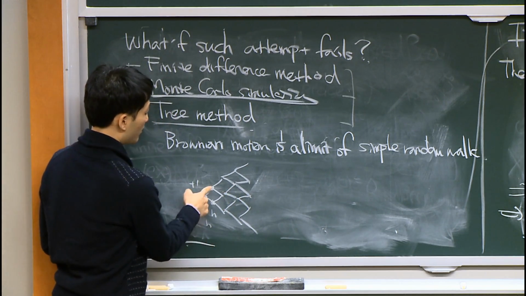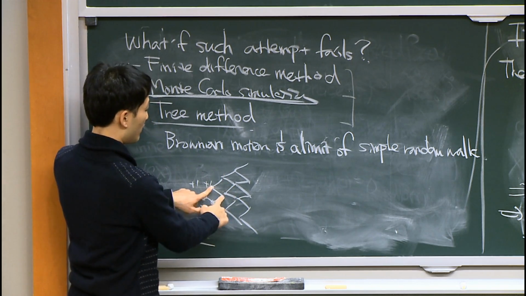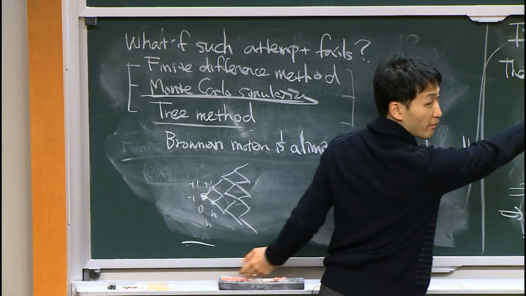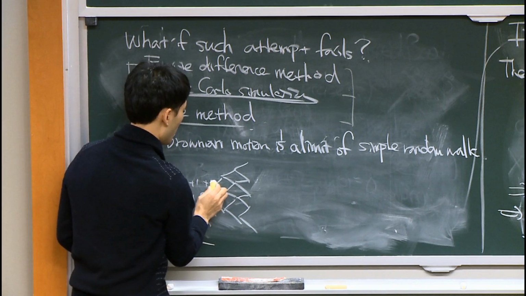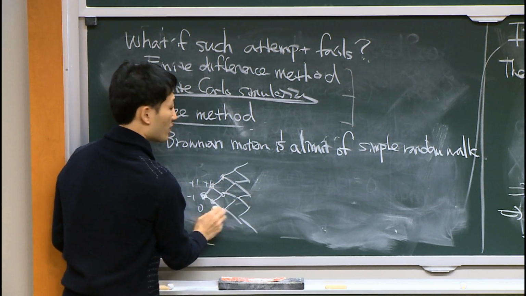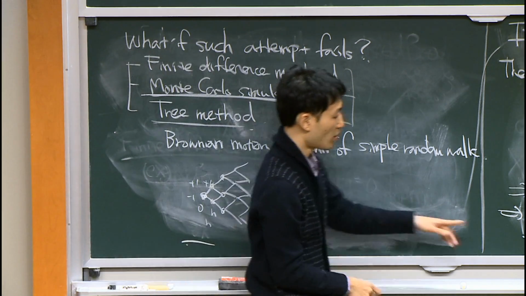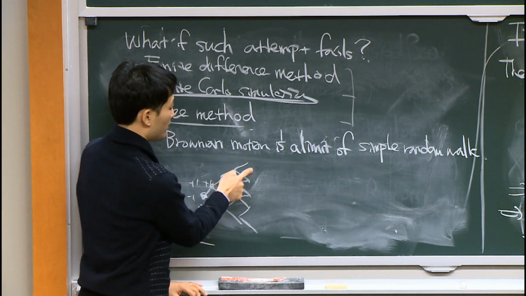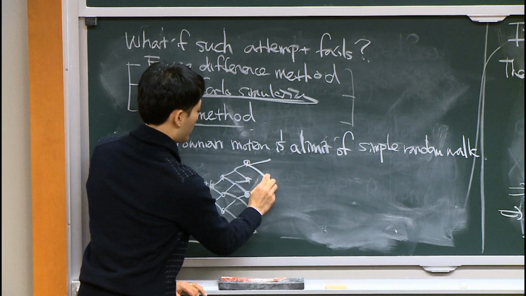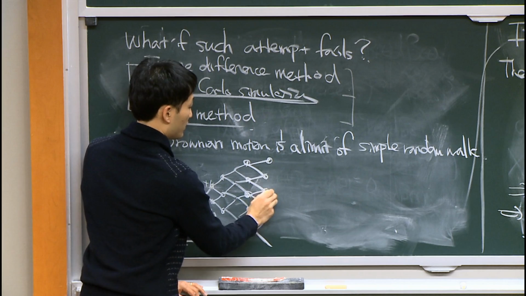So the probability that it ends up here is half, here is half, 1/4, half, 1/4, and so on. So instead of drawing from this sample path, what you're going to do is just compute the value of our function at these points. Because we know the probability distribution that the path will end up at these points, suppose you computed all these values here.